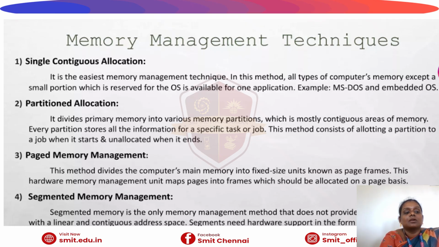In contiguous allocation, each process is contained in a single contiguous section of memory. All the available memory space remains together in one place, which implies that freely available memory partitions are not spread.